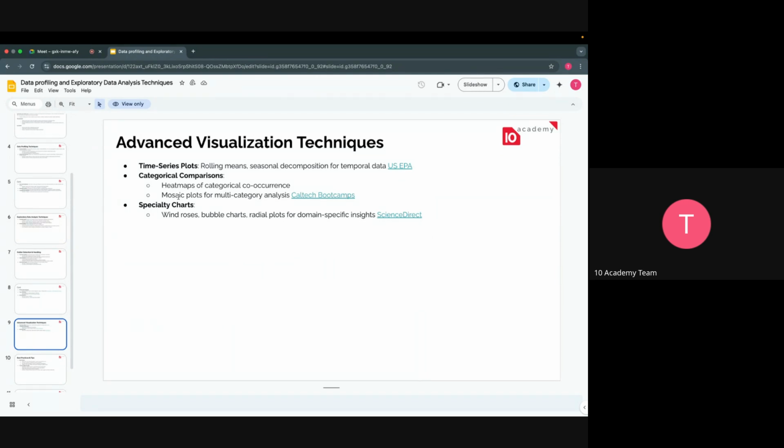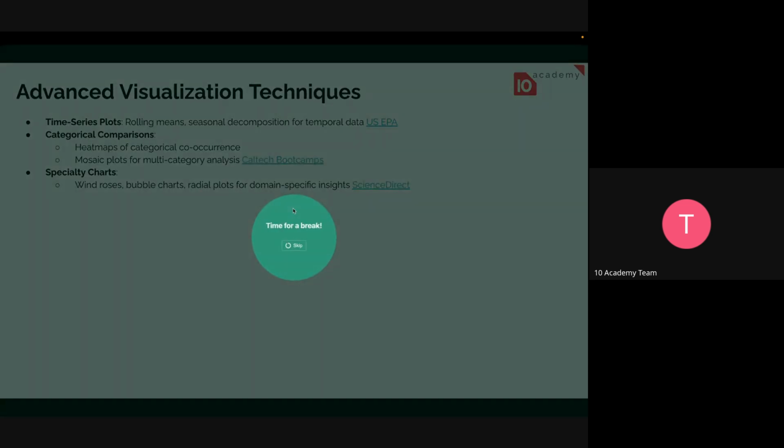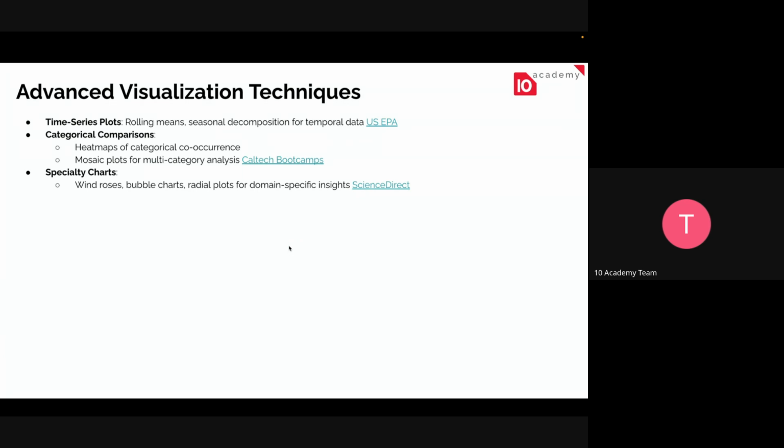So of course, we can use advanced visualization techniques. Actually, the time series plot is not as advanced. Is that a question? Okay. The rolling means, seasonality and decomposition of temporal data we can find by having a time series plot.